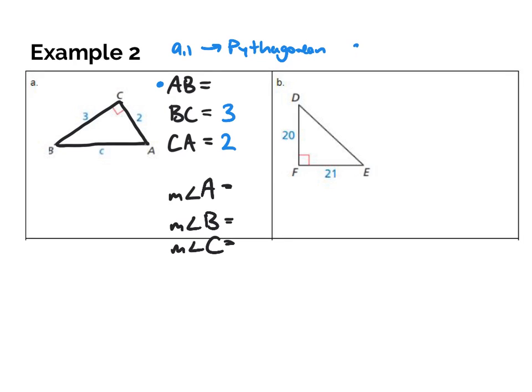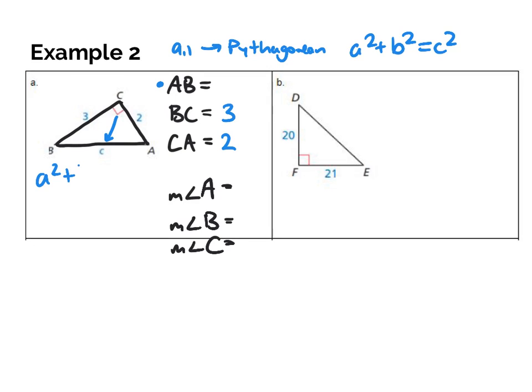If you remember, it is a squared plus b squared is going to equal c squared, where a and b are the two legs and c is the hypotenuse. So what I want you to notice first is that c is going to be the hypotenuse of this triangle. Sorry, what's labeled as C, well, we're going to write down as A to B because it's across from the 90 degrees. So what I'm going to do is I'm going to use Pythagorean Theorem.